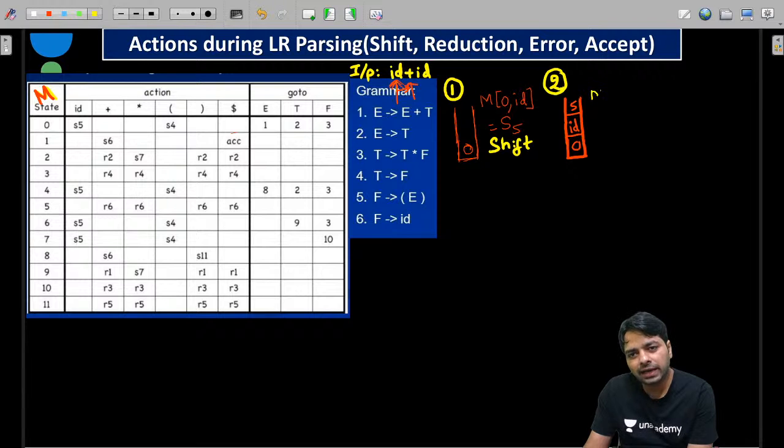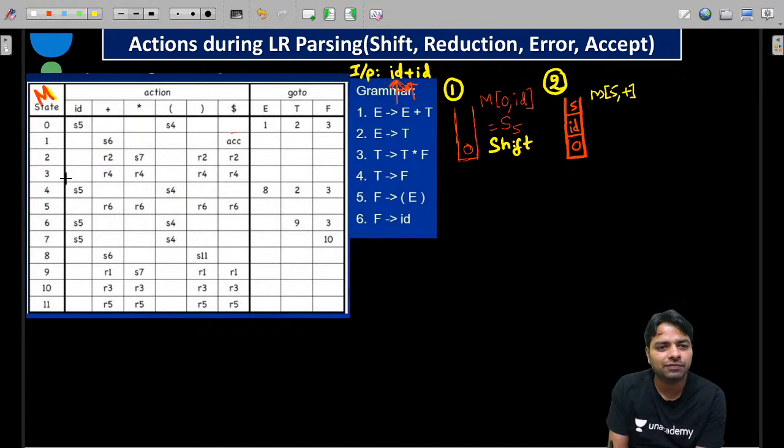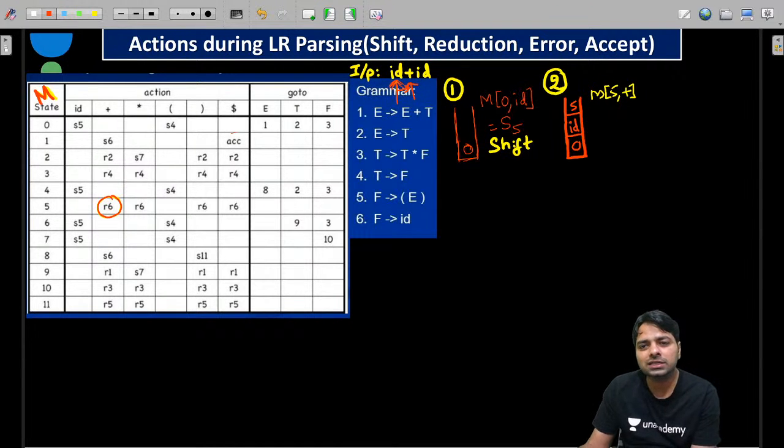Now we have to look at M of 5 comma plus, where 5 is the top of the stack. That is R6. Can you see that? R6. This is the reduction, a reduce action.